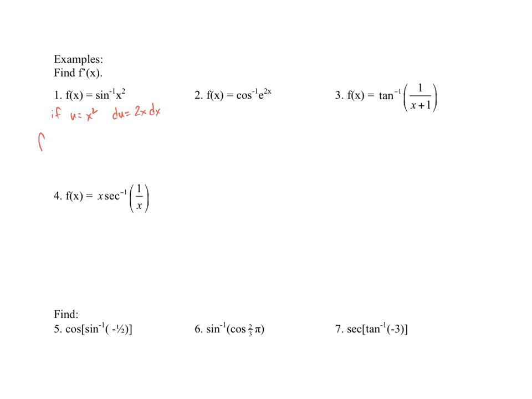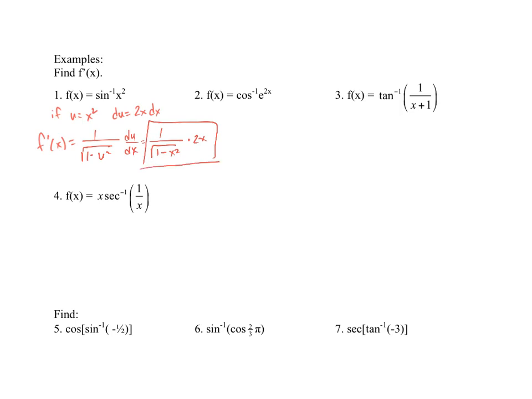So that now we can say f prime of x will be 1 over the square root of 1 minus u squared times du dx. This was the chain rule version of it. And then we can substitute this in. 1 over the square root of 1 minus x squared squared times du dx would just be the 2x. So this is your final answer.